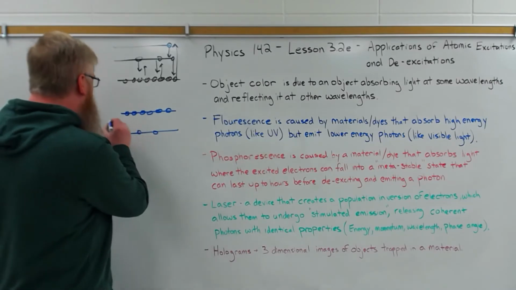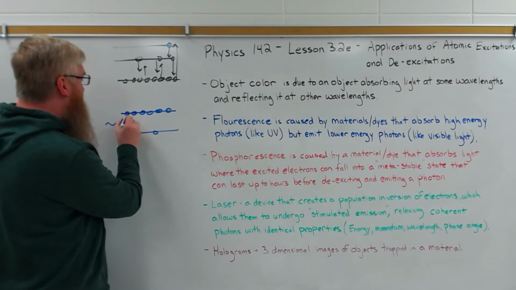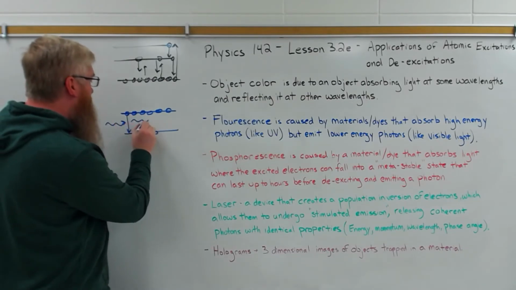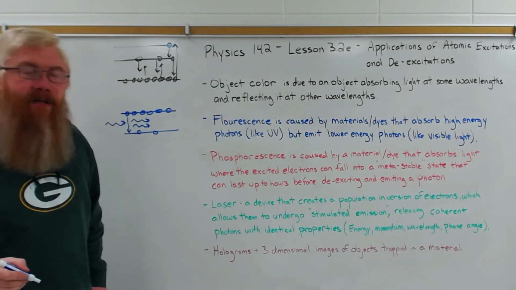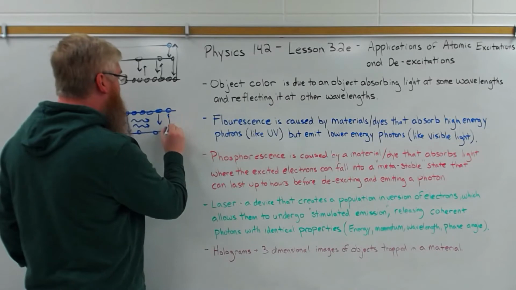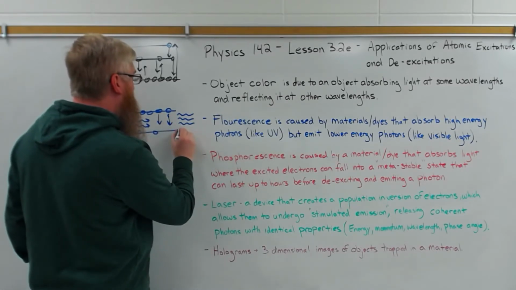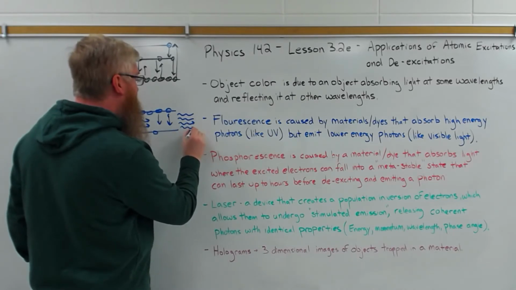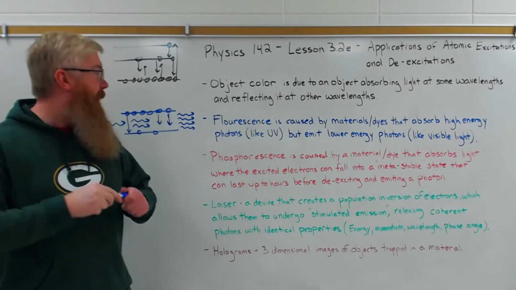So, a photon of the right wavelength comes by, causing an electron to fall down, giving you 2 photons that are identical, or nearly identical. Those photons pass through, causing 2 more electrons to fall down, and now you have 4 photons that pass through that are nearly identical, and that continues.